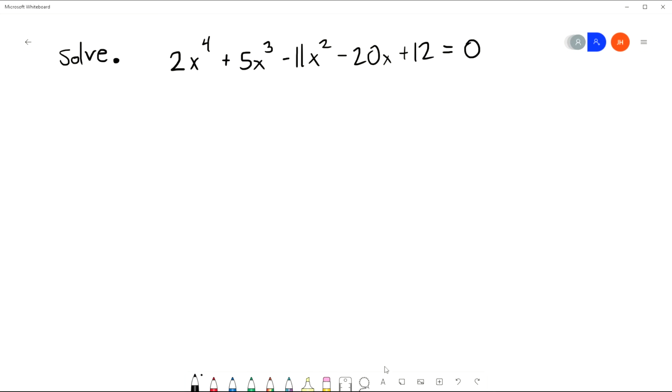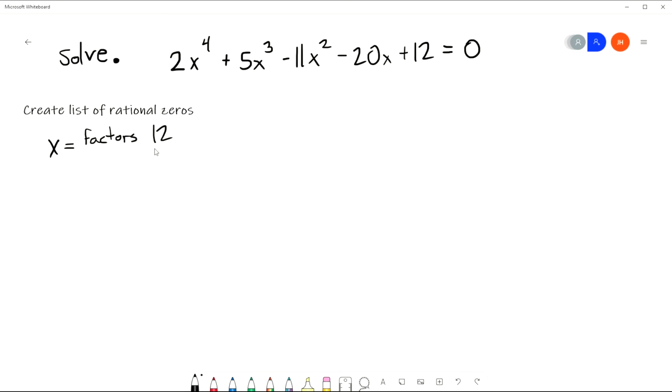Remember, creating the list of rational zeros, that's our first step. So let's do it. It's going to be x equals the factors of the constant, right?